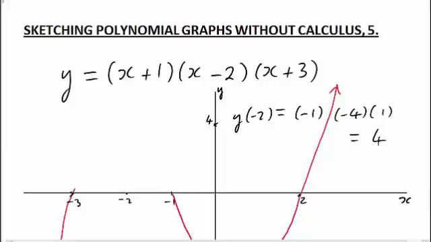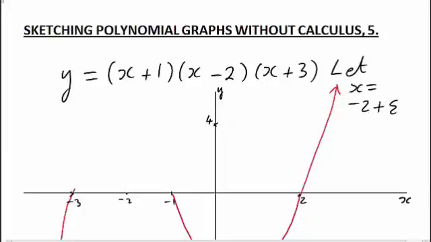Similarly to the left. So we could choose x equals negative 2 plus a small quantity epsilon again. We can substitute that value of x into the expression for y and expand, again omitting the squared and cubed terms.